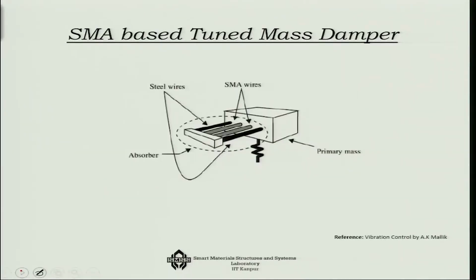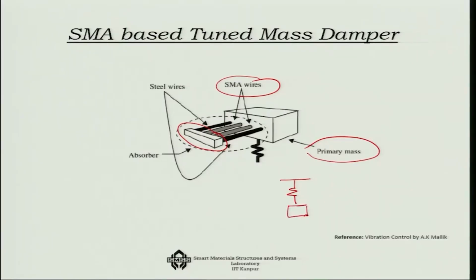You can also use these SMA wires for tuned mass dampers, where you have a primary mass and you have the SMA wires and then you have the absorber. The advantage is that for any tuned mass damper we know that there is a spring and a mass that is attached to the system.